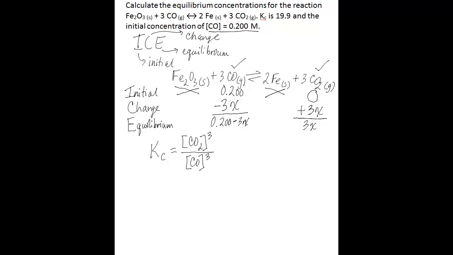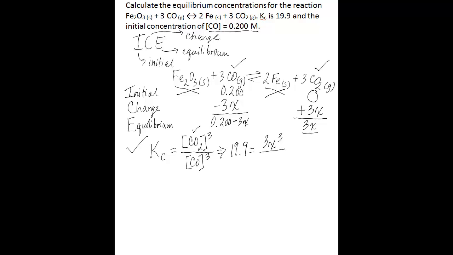So the next thing you can do is substitute all of the things that you know into your Kc expression or your equilibrium equation. So what you're going to do here is say 19.9, because that's your Kc value, is equal to 3x cubed, because 3x is your carbon dioxide concentration in terms of x, and this is your numerator for the Kc expression.